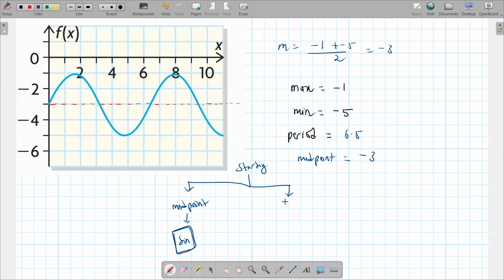If something is starting at a maximum or a minimum, you need to use a cosine function. Actually, you can use either, but it's much, much easier if you use a cosine function for max min and if you use a sine function for midpoint. Otherwise, you're just making life more difficult for yourself artificially.